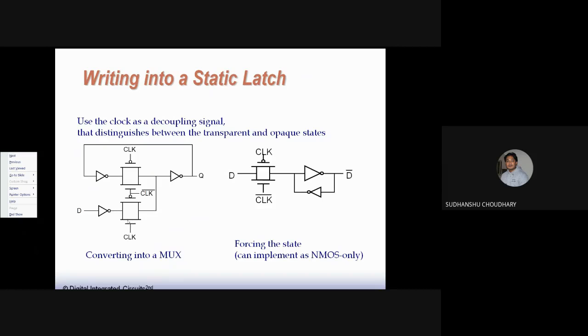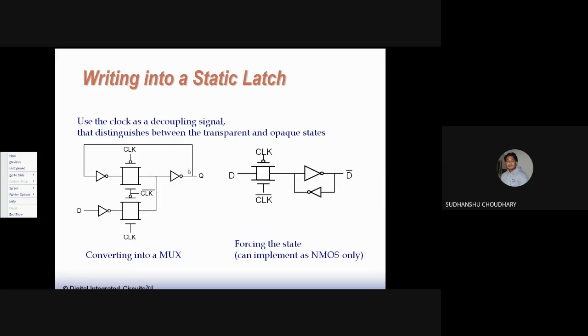So when clock is 1, the data comes in here, comes to this point, and stays here because this is off. When clock is 0, this becomes on and this is off, so the data supply is cut, and the data keeps moving in this loop, or is stored in this loop. The data will remain in this loop as long as power is supplied to this circuit, since this is a static memory.